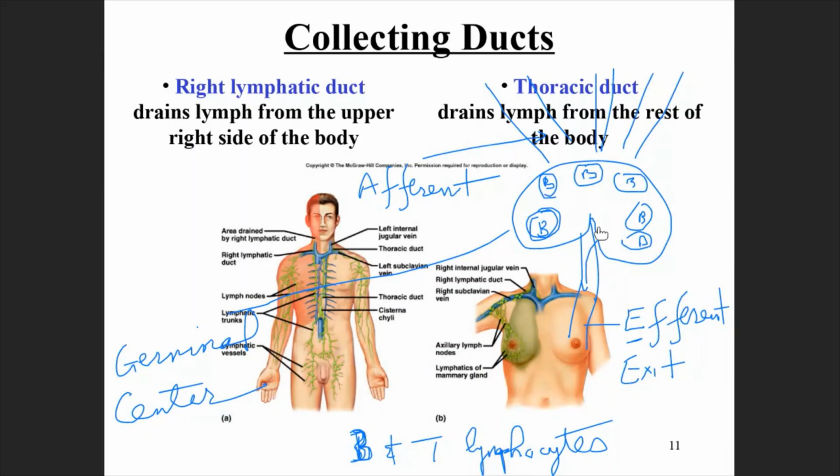Urogenital means the urethra, for example, which is important for the urinary system, but the male urethra is also important for the reproductive system. So we call it the urogenital tract, and the skin. These are the four areas that tend to have a lot of infection.